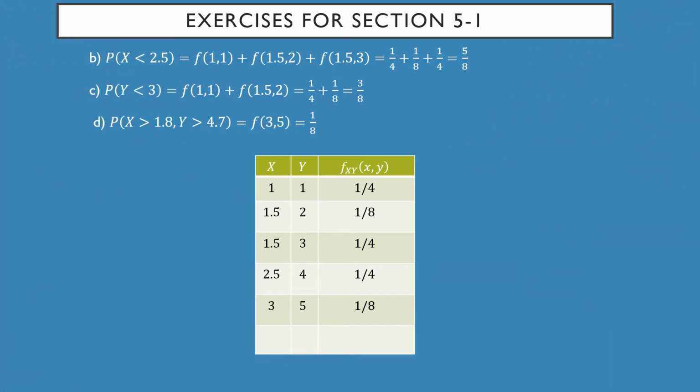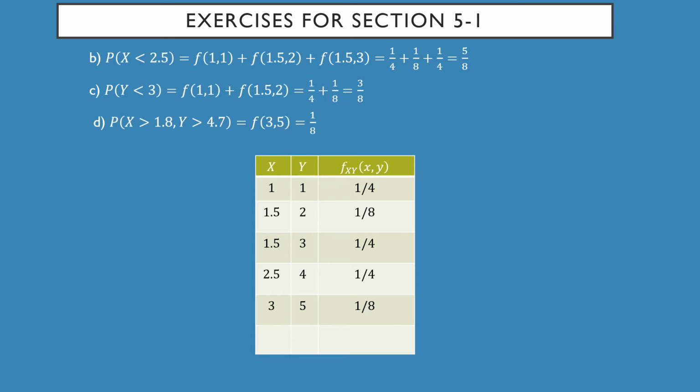Here is part B. If you look at part B, it says that we have to find the probability of x less than 2.5, and there is no y. It means that there is no restriction, no condition on y. So we have to select all the values less than 2.5 and then the corresponding values for y.